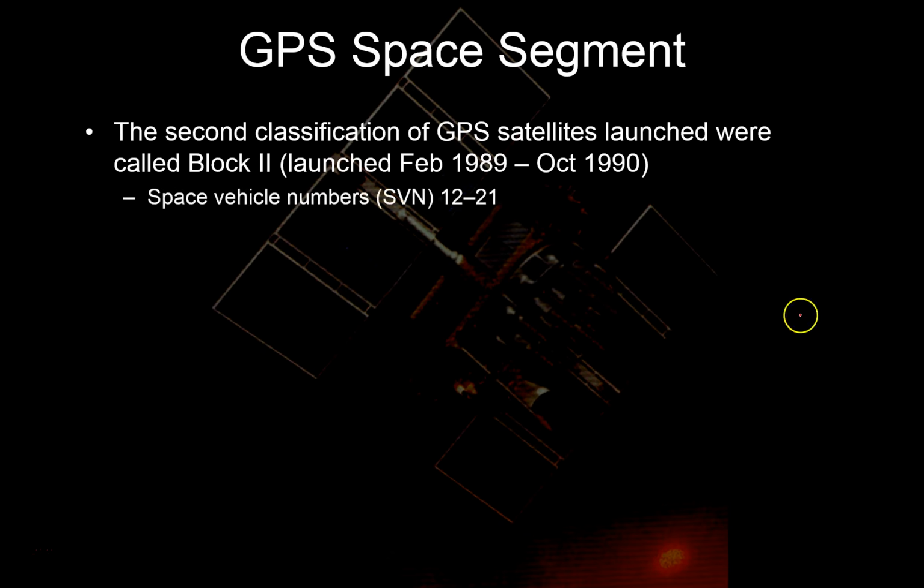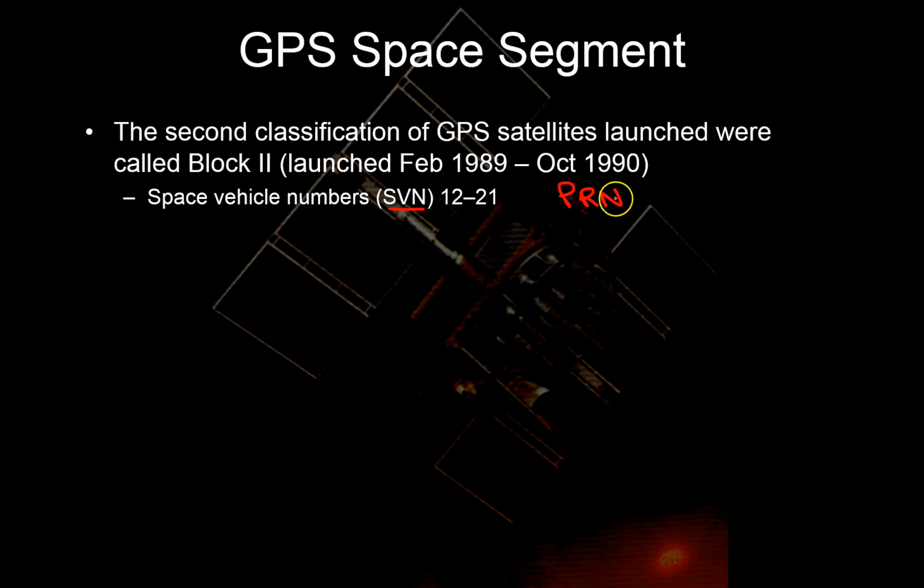They're given specific space vehicle numbers, or SVNs. Generally, we'll use a different classification for satellites, calling them by their PRN, which stands for pseudo-random noise code.